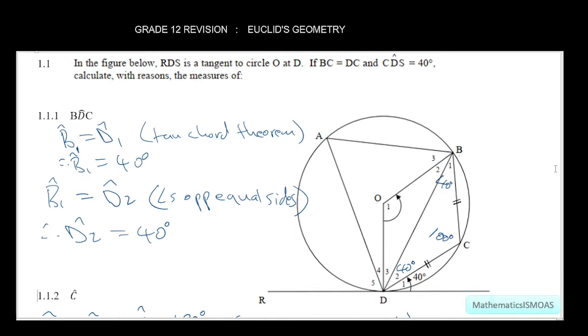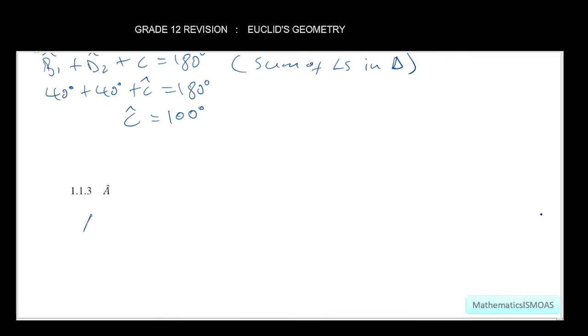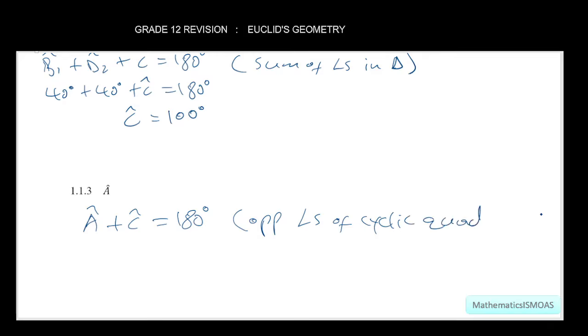We're having a cyclic quadrilateral ABCD and the opposite angles of a cyclic quadrilateral are supplementary. Therefore, we say angle A plus angle C will be equal to 180 degrees. Reason being opposite angles of cyclic quad. These are opposite angles of cyclic quad.